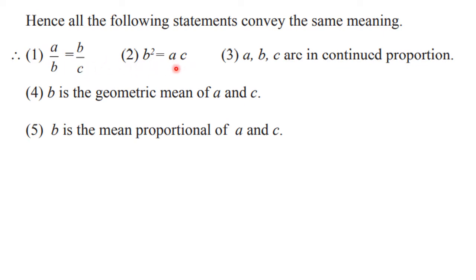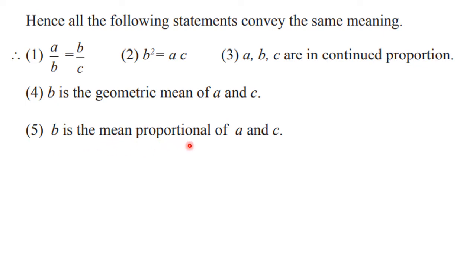So here we can say that A, B, C are in continued proportion. Then B is the geometric mean of A and C. Then also we will get the same meaning. Or the second word for geometric mean is mean proportional.